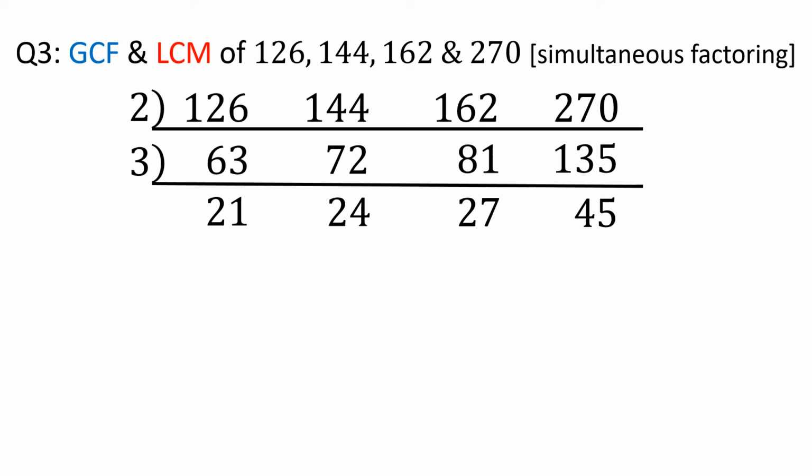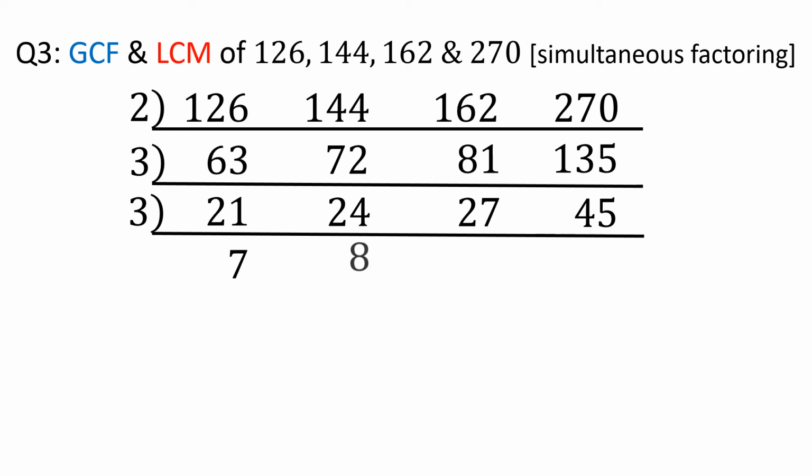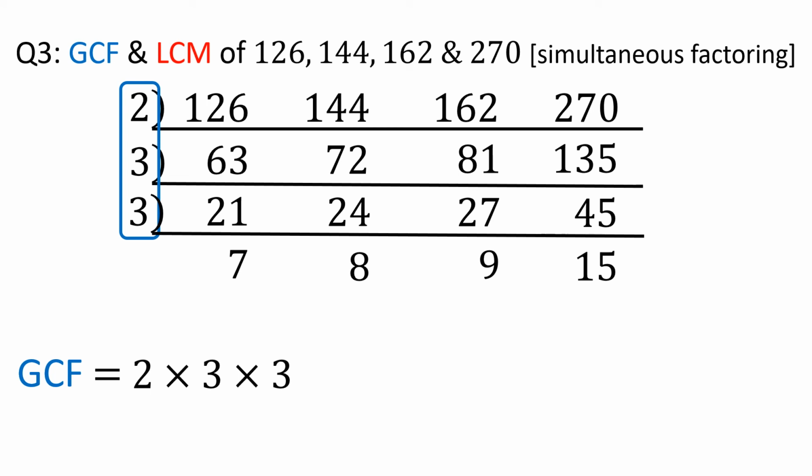All four numbers can be divided by 3. 21 divided by 3 is 7. 24 divided by 3 is 8. 27 divided by 3 is 9. And 45 divided by 3 is 15. We now have 7, 8, 9, and 15. But there is no more common factor for all four numbers, so GCF is 2 times 3 times 3, which is 18.